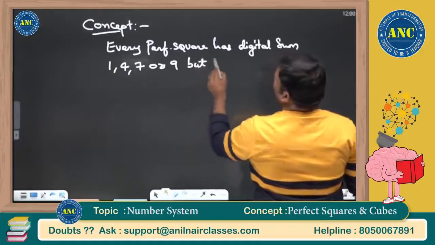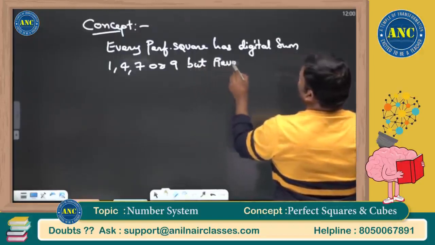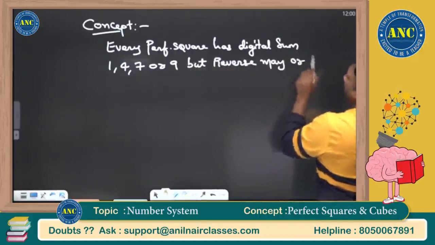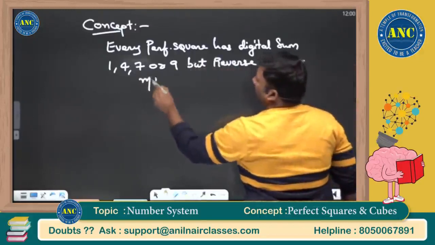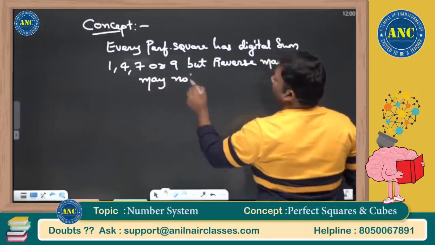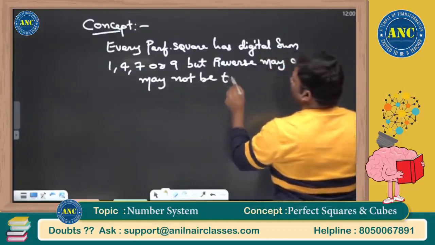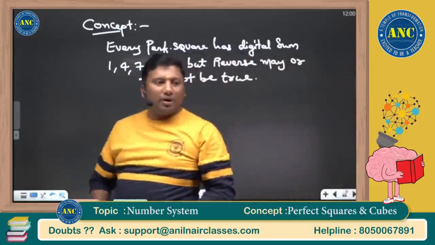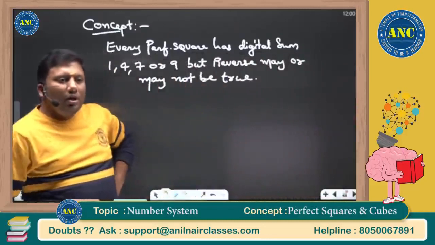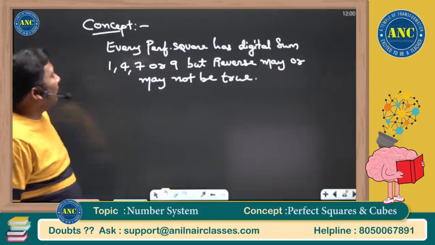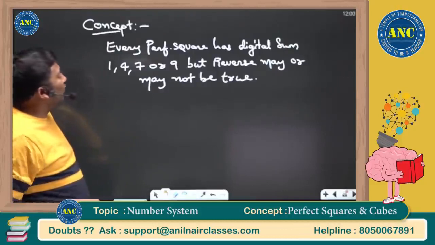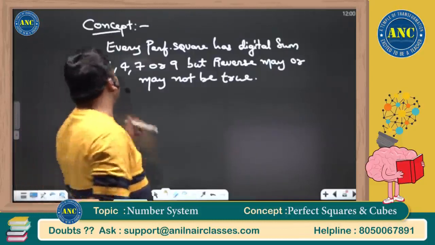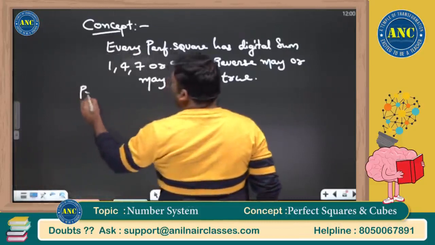But the reverse may or may not be true. Please make a note of it. Very, very important key points. Every perfect square has a digital sum 1, 4, 7 or 9, but the reverse may or may not be true. We will see the proof, then we will understand it clearly.